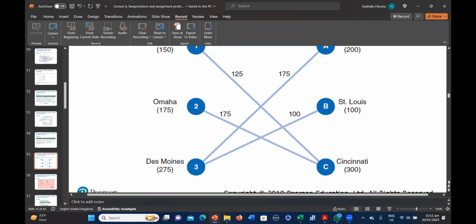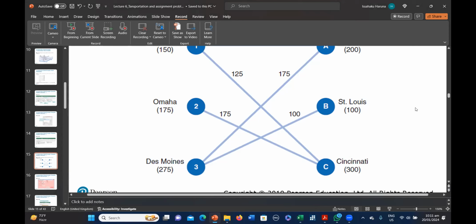So these are the sources. From the answer report, you can see that the amount we are sending from Des Moines to St. Louis is 100.